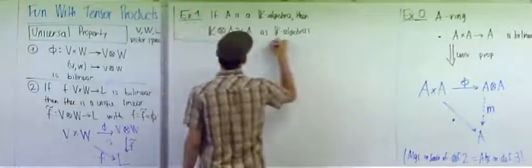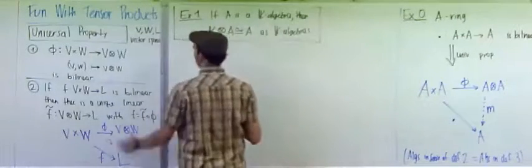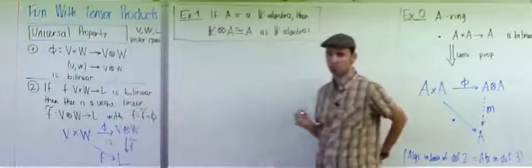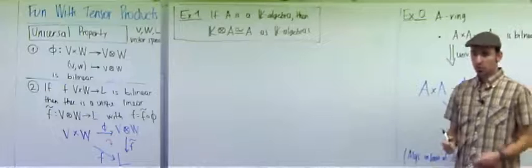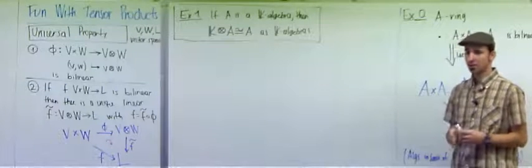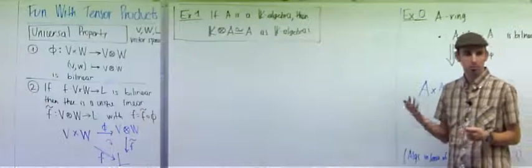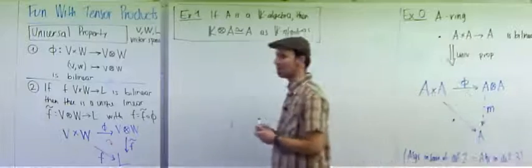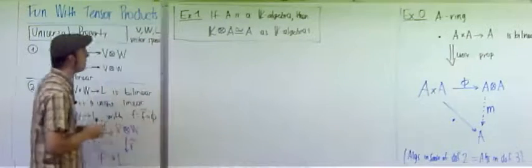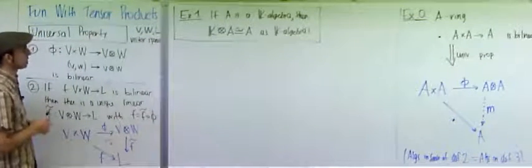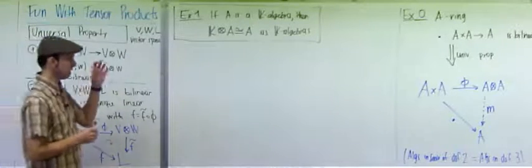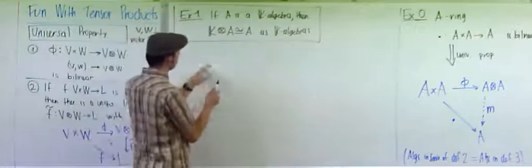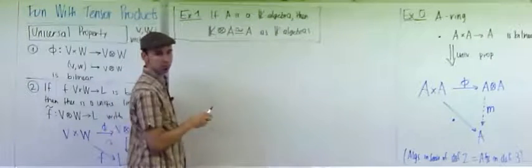And I gave you an idea of how to prove it, but let's try to prove it from this point of view. Okay. We have an isomorphism that we want to show, and so we need maps. We need one map and prove that that map is actually an isomorphism. And now we have a tool for producing maps from a tensor product to something. So let's produce this map from here to here.